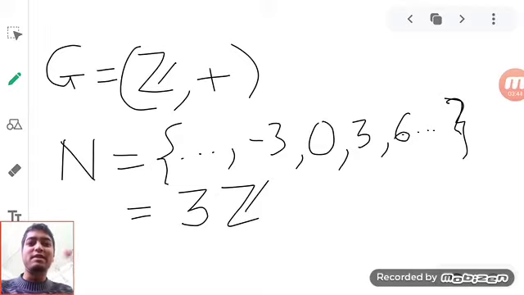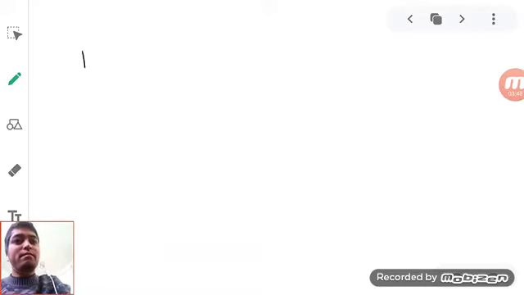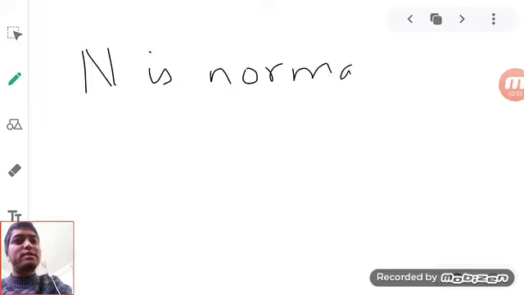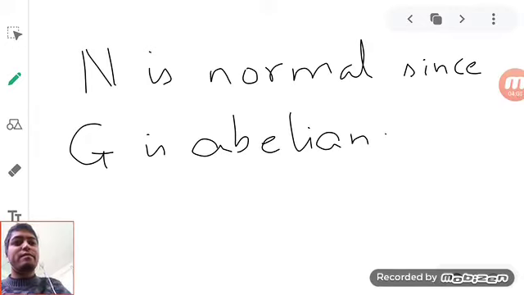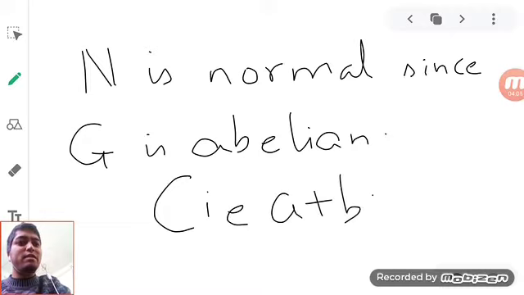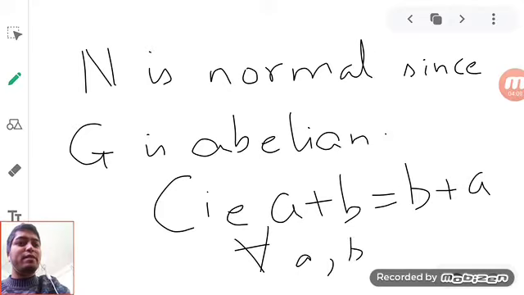So this one is a normal subgroup because G is abelian. N is normal since G is abelian. Abelian over here in the sense that a plus b will be equal to b plus a for all a, b belonging to G.